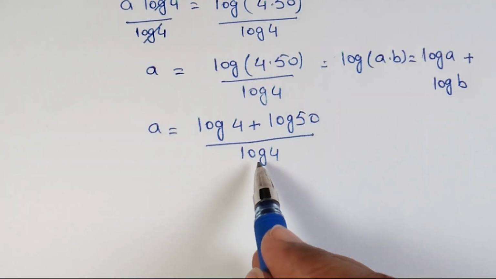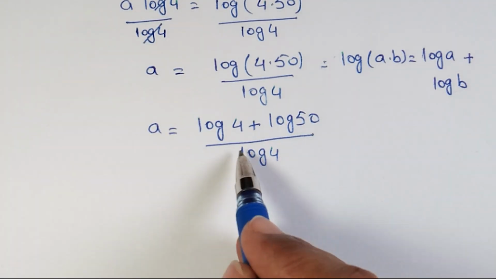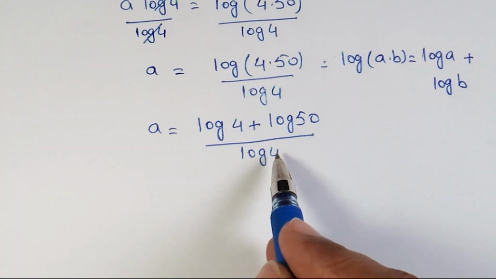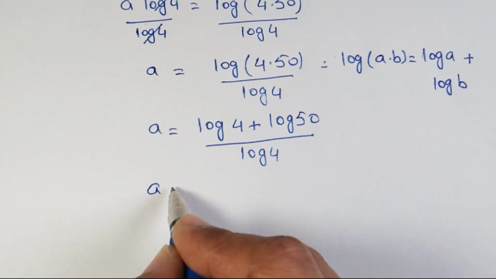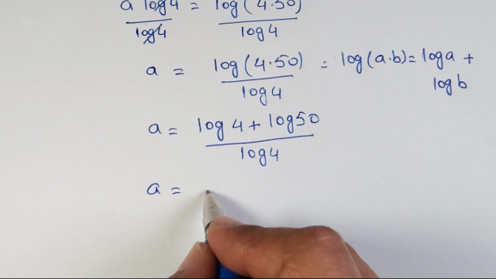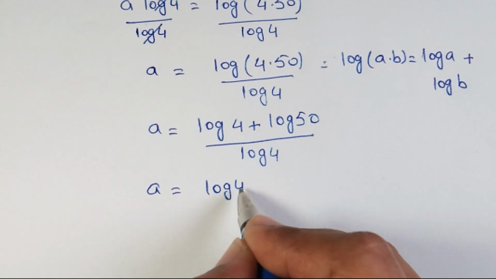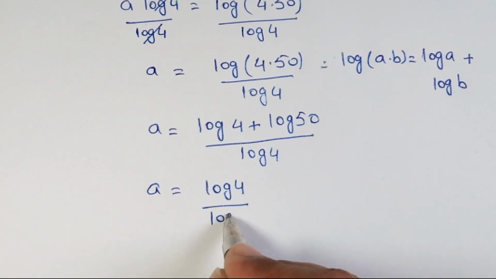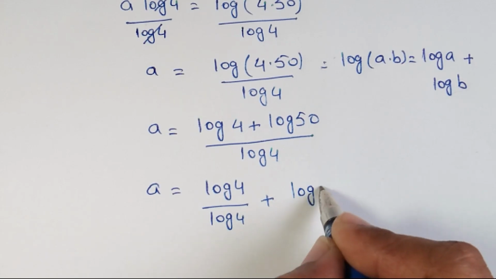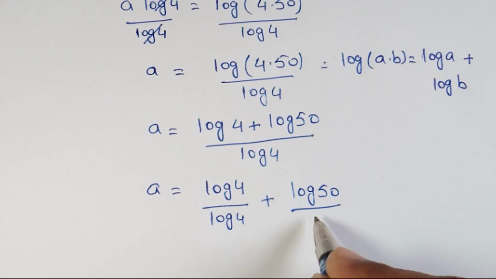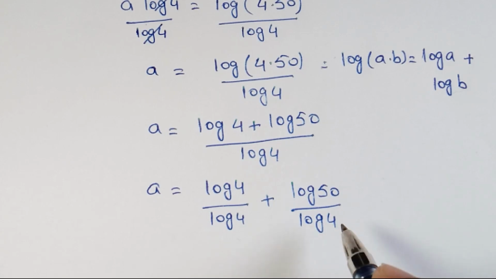So now here we will separate their denominators according to the terms. In the next step, a is equal to log of 4 divided by log of 4 plus log of 50 divided by log of 4.